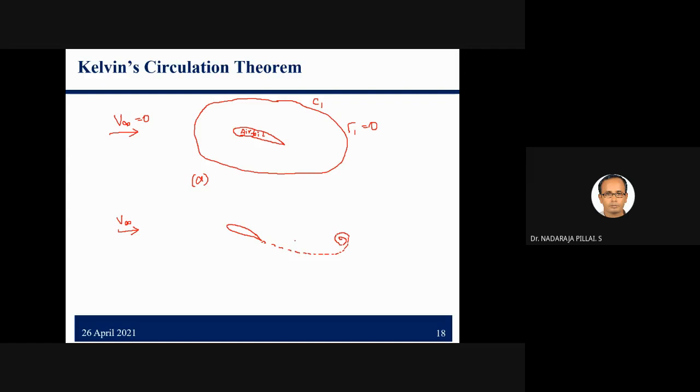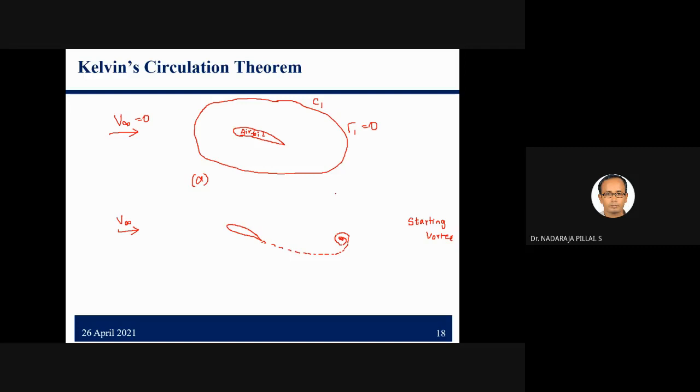As it moves downstream, this thin sheet of intense vorticity becomes unstable, and it tends to roll up and form a picture similar to a point vortex. This vortex is called the starting vortex. This is what happens when you have a finite velocity v infinity.